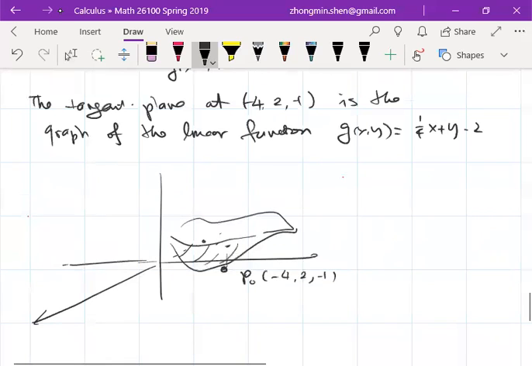Now, the tangent plane. This is a tangent plane. It is a graph of another linear function. What does that mean? The tangent plane is a plane which touches the graph at that particular point, and it is close to the graph.